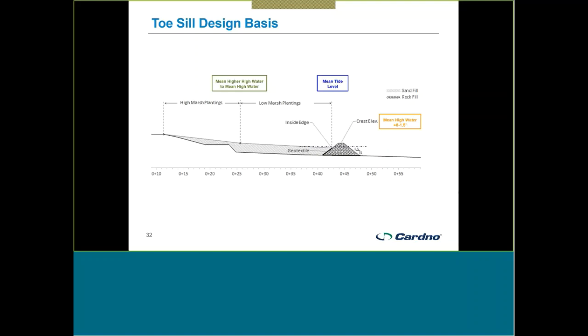We need to know how high we need to build our rock. We need to know how high we need to fill with sand between the existing shoreline up here and our toe sill structure. And then we need to define our different planting zones. That's really the rest of the design process, driven by answering those questions to take our concept design to a site-specific design.